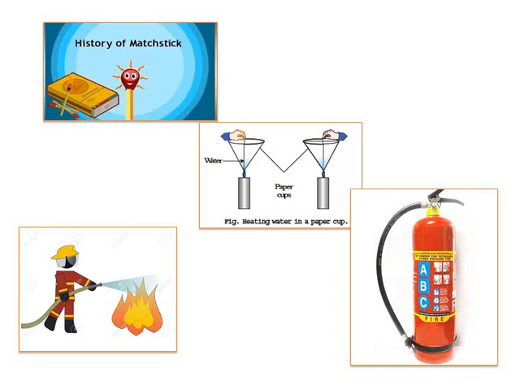Then there will be an experiment with paper cups which reveals that ignition temperature is different for different substances and does not change with the medium it is kept in. Then finally we will see how to extinguish common fires.